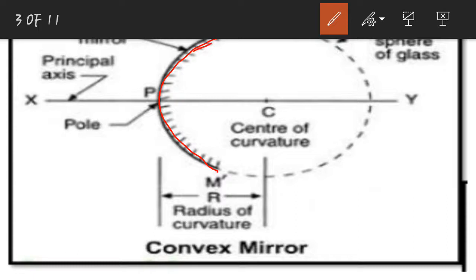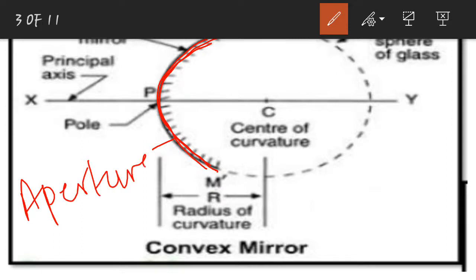The portion which we are using, a small opening or a reflecting surface, we call it aperture. Understood? The effective width of a spherical mirror from which the reflected light can take part is called aperture.